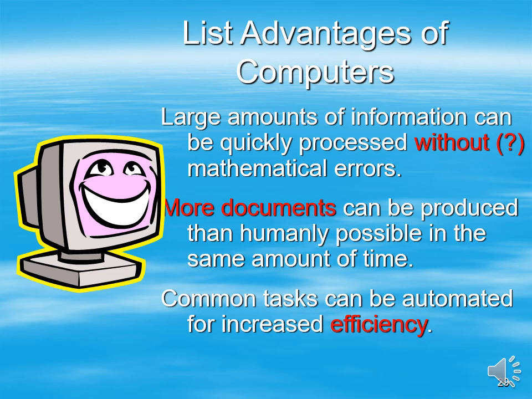For example, software and computers can process large amounts of information very quickly. And also, the computer and software can produce many documents. For example, you want to print a receipt every time you provide a service. It is possible by using the software. And also, using software to do the accounting record can increase efficiency.